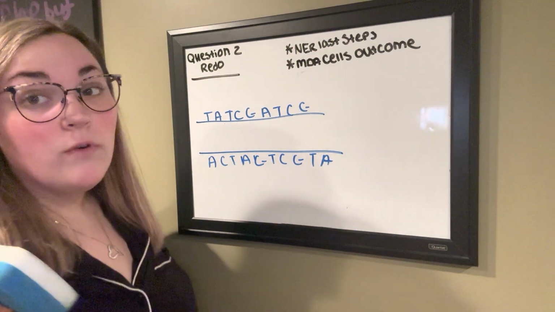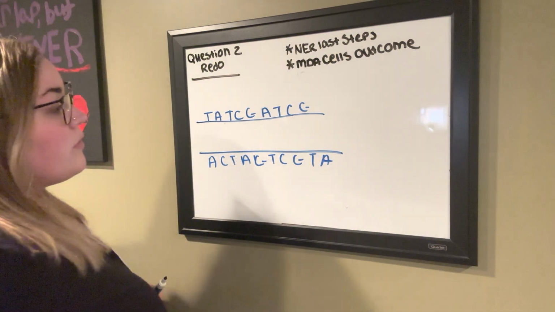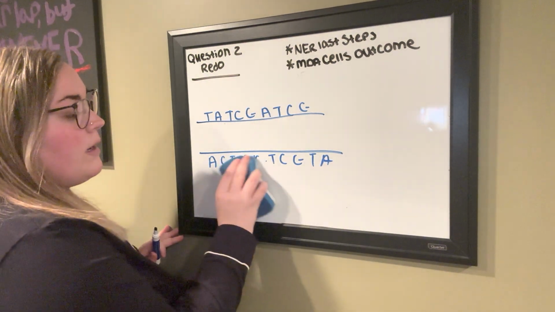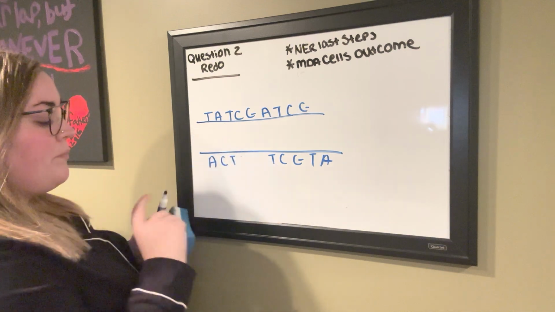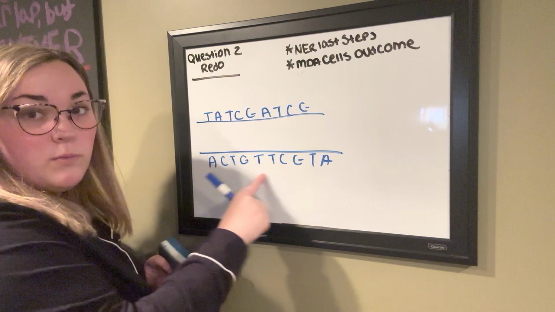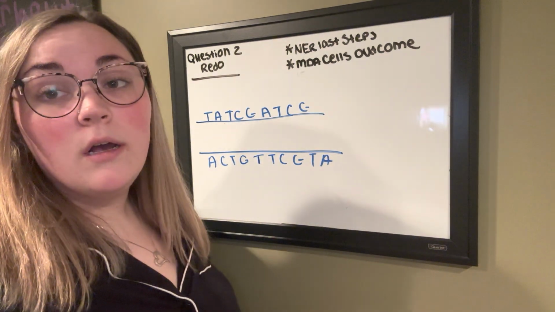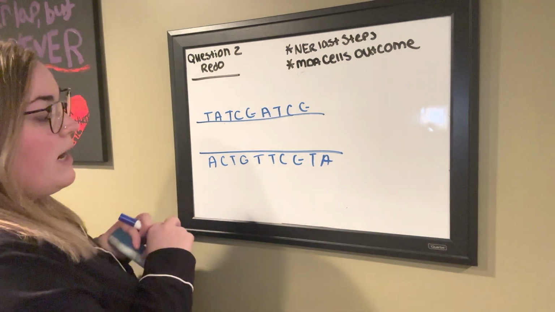Then that's going to form a thymine dimer, because it causes cell damage. Say we have a thymine dimer that forms right here. That is not good because that's a mutation, so we need to get rid of that.